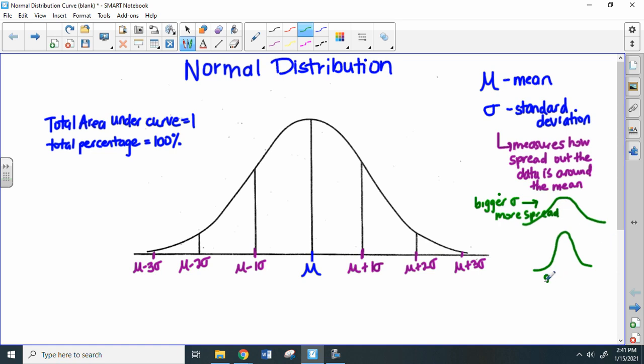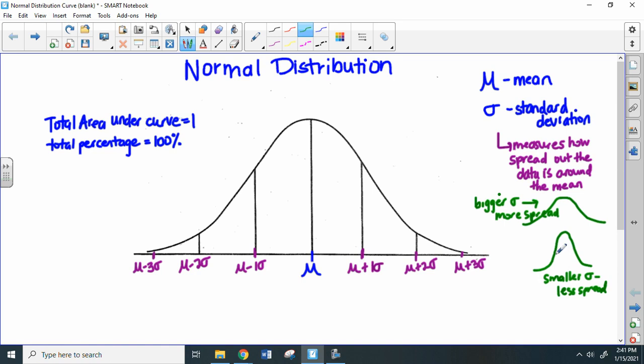But if you have a smaller standard deviation, that means your data is less spread out, so it's all grouped together in the middle, and it looks tall and skinny. I say that because sometimes there's an SOL question that's as easy as looking at a little diagram and saying which one has the bigger or smaller standard deviation.